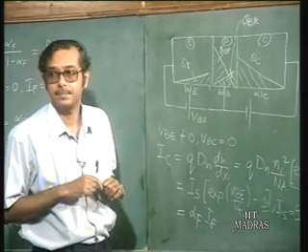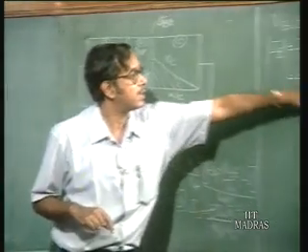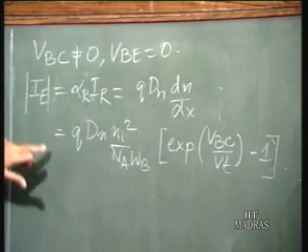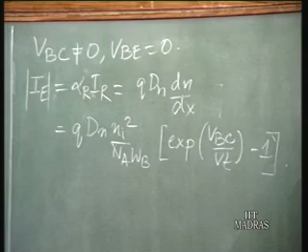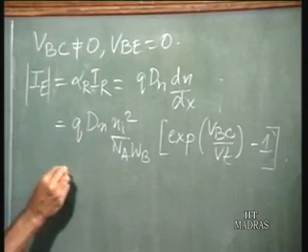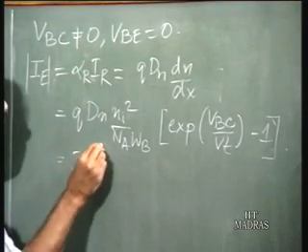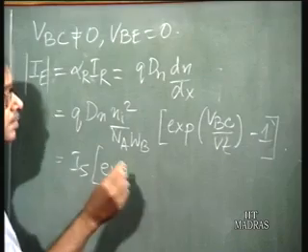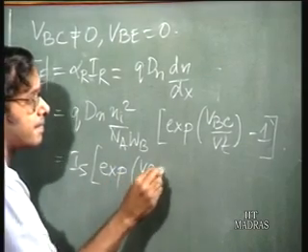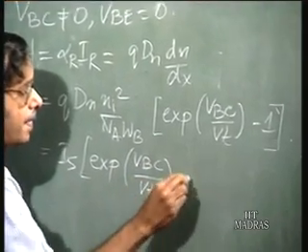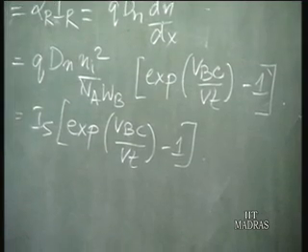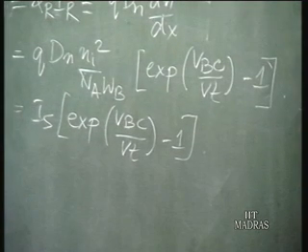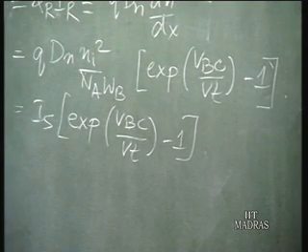And what is this term? It is the same Is. So, we can write it as Is exponential VBC by VT minus 1.